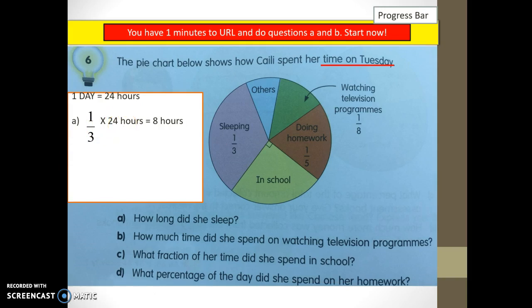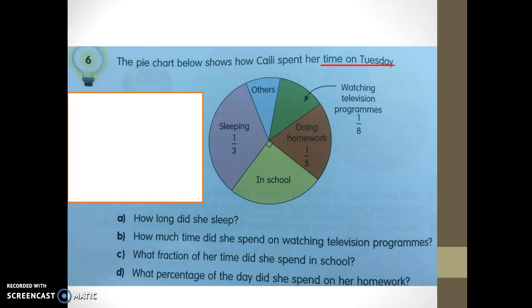That's the answer. B. How much time did she spend watching television? That's 1/8 of the time. So it's 1/8 of the day, which is 1/8 of 24 hours, which is 3 hours. Straightforward, right? Now let's move on to part C and D.